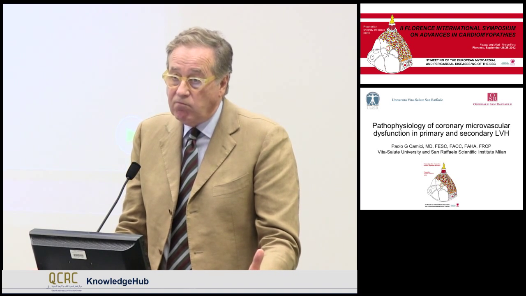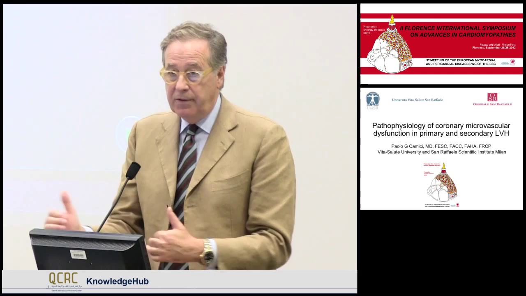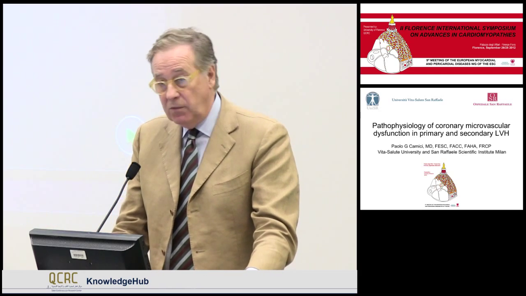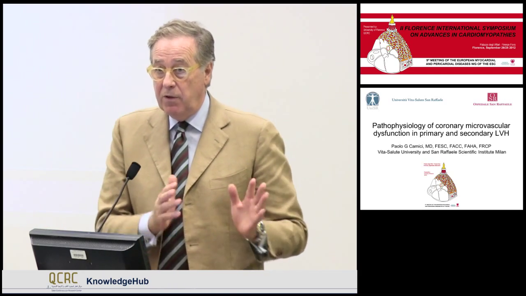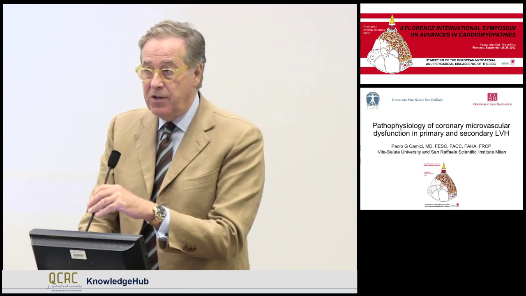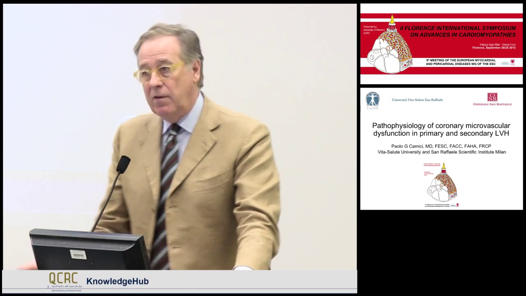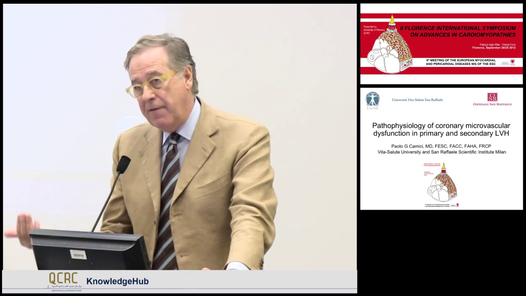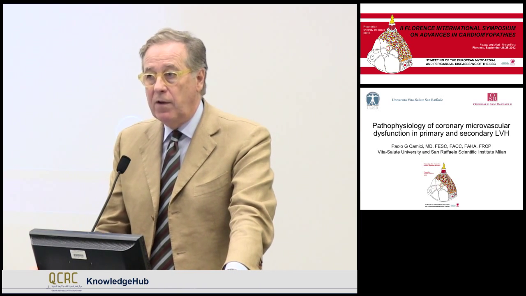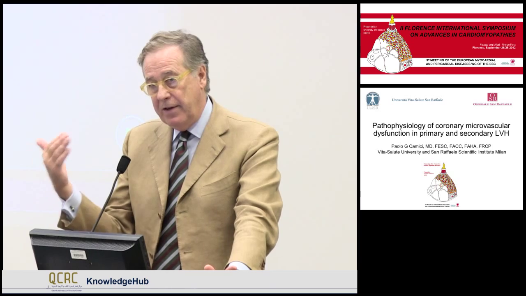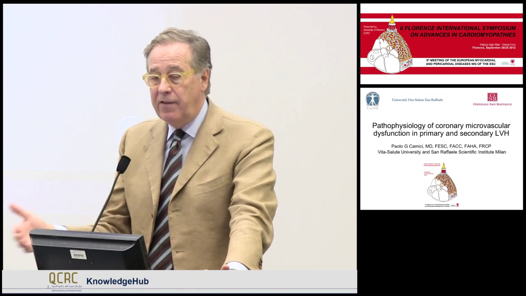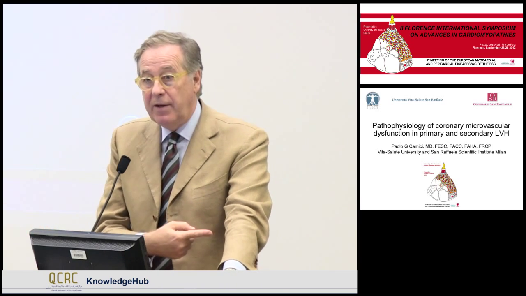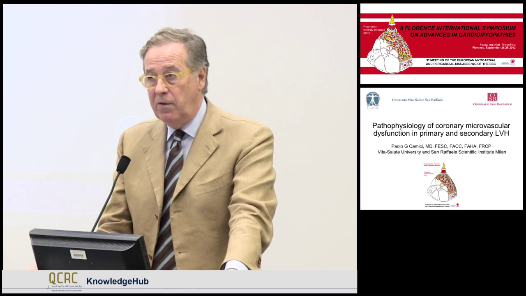If they don't, then the rest is not warranted. So the first study will be done in HOCM patients, consecutive patients, compared to control. I expect most of these patients will have a limited flow response, and then repeat the study after a given time of drug treatment and see whether I can, like I did in hypertensive patients, improve the flow response.